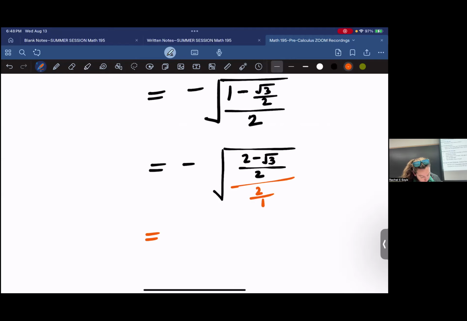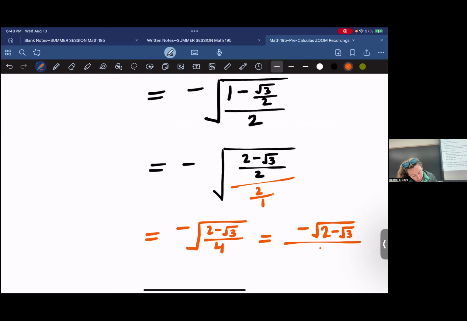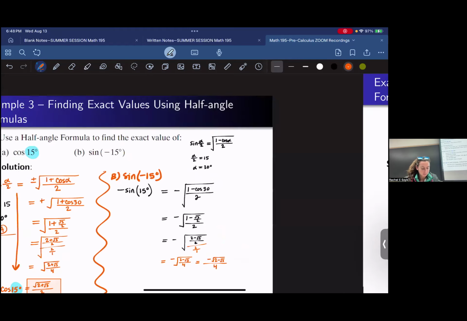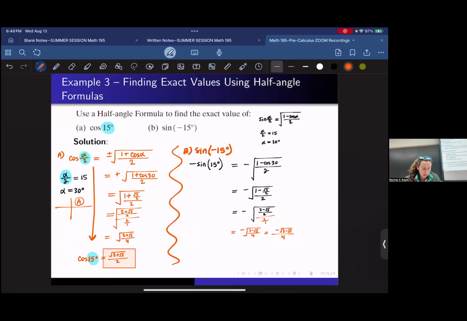Keep, change, flip, and you get over 4. Which means you can take the square root of 4, so your final result is 2 minus square root of 3 underneath a square root all over 4. And I'll maybe just put that in as our final answer.